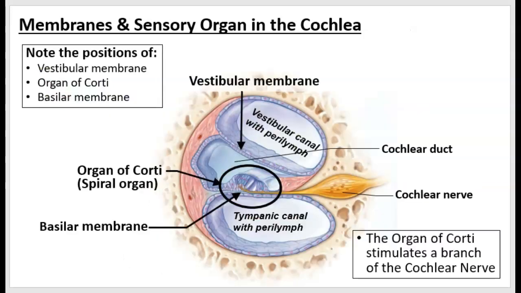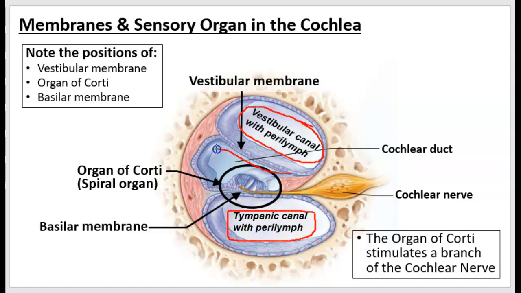So this is an enhanced view of a cross-section through the cochlea. Let's just do anatomy first. We have the vestibule or vestibular canal with perilymph on top here in this diagram. The tympanic canal, the lowest region, with perilymph that we've already talked about.